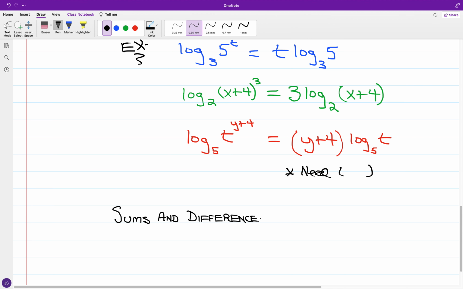We'll go in somewhat different directions, like engineering and reverse engineering. In one mode, we'll be expanding a logarithmic term, and in the other direction, we'll take logarithms in the same base and combine them into a single logarithmic term.